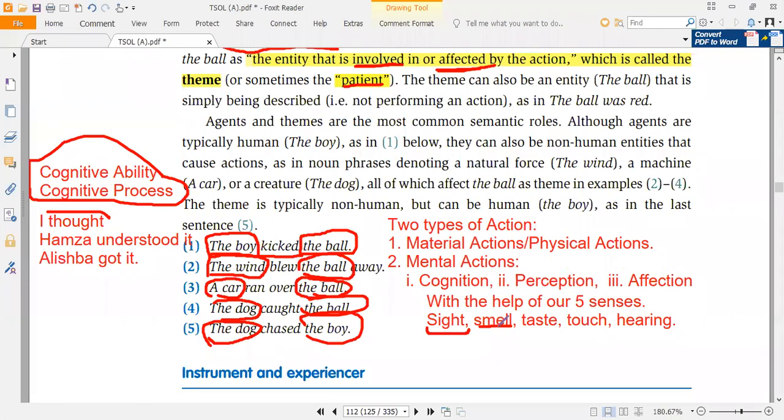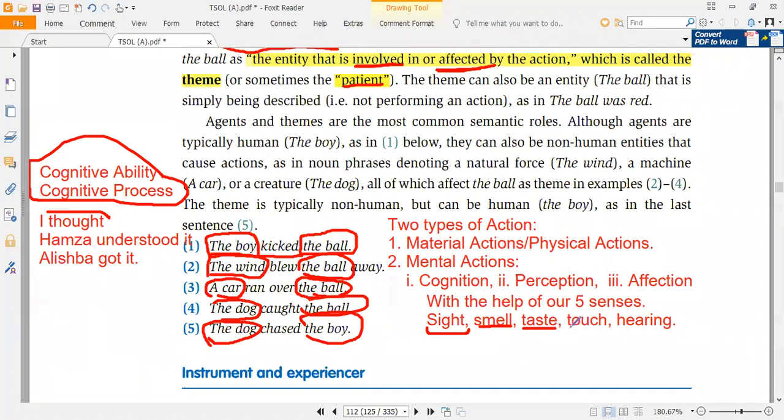We insert the smell of something into our mind, and we immediately know whether it is the smell of jasmine, a rose, or a bad smell. Taste: is this the taste of chicken, fish, or milk? We insert that taste into our mind through this input device, our tongue.